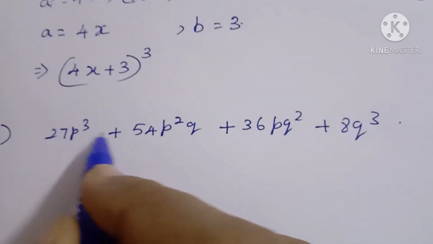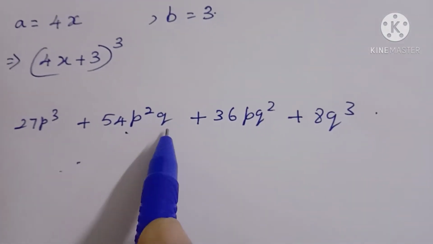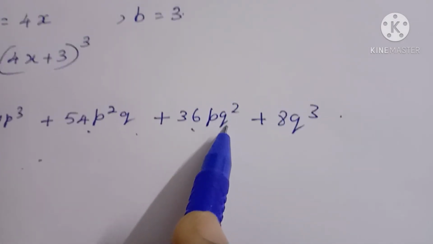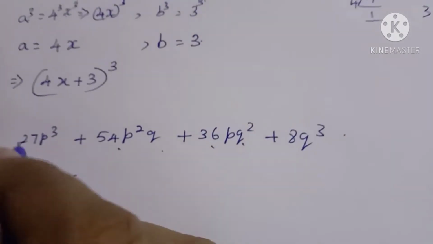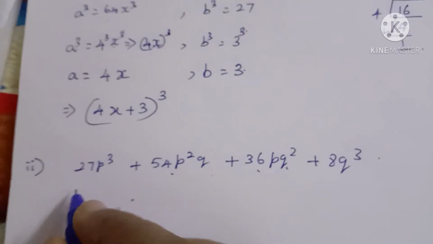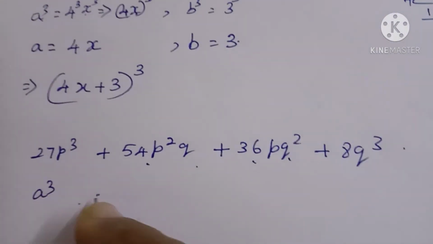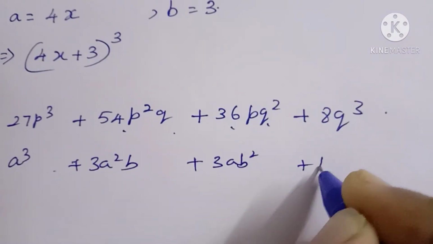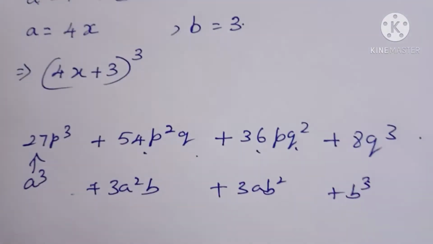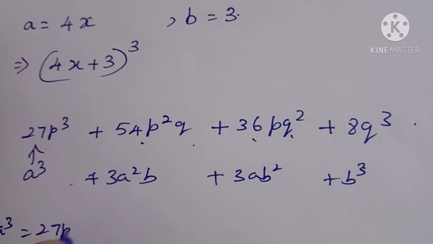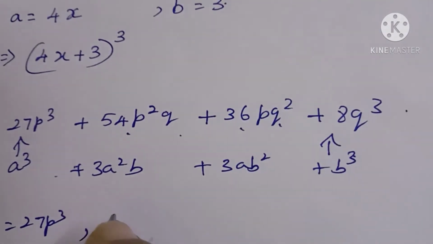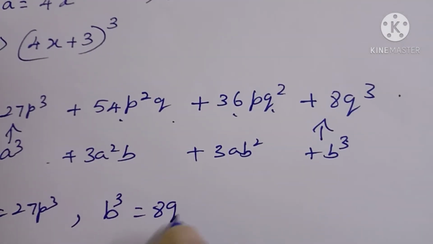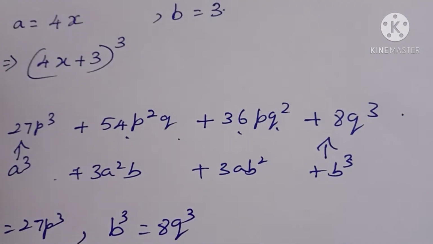Next question, 27p cube plus 54p square q plus 36p q square plus 8q cube. So, this can be written as a cube plus 3a square b plus 3ab square plus b cube. Therefore, a cube is equal to 27p cube and b cube is equal to 8q cube.